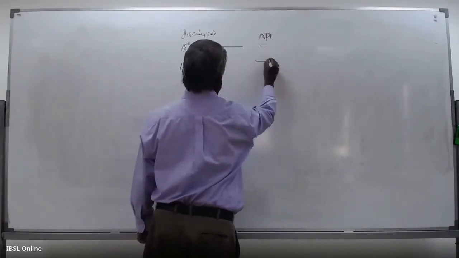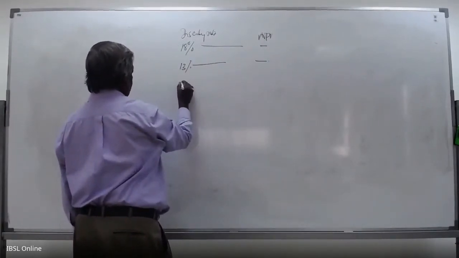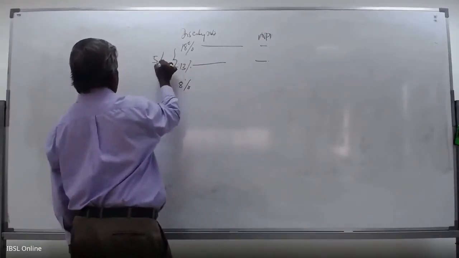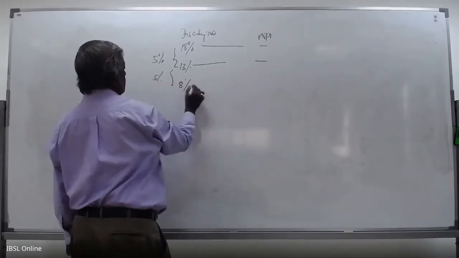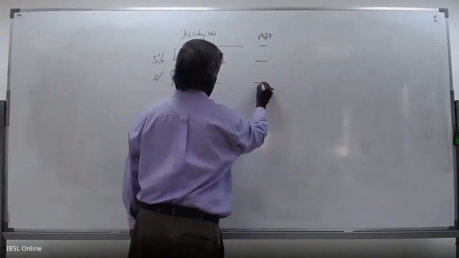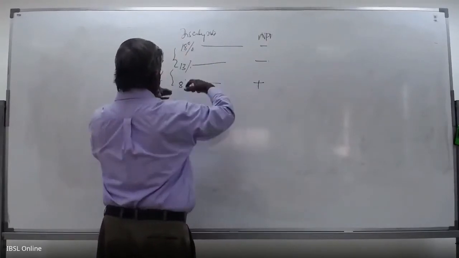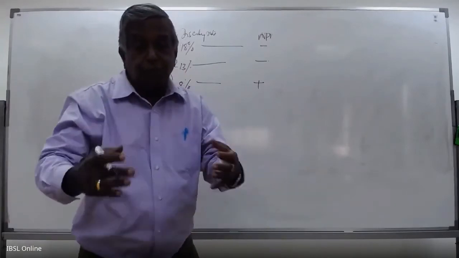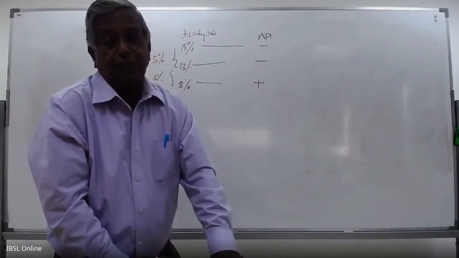NPV again minus, again 5%, so 8%. With the difference of 5% we were doing, we may get positive. So you have to do the trial and error method.